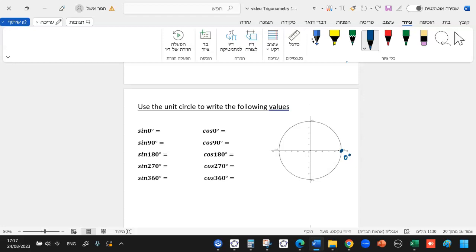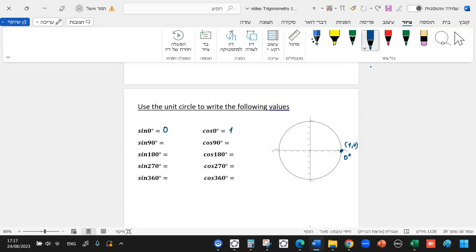The sine of 0 is the y-coordinate, and cosine 0 is the x-coordinate of this point. This point is the point 1, 0. So sine of 0 is 0 and cosine 0 is 1.